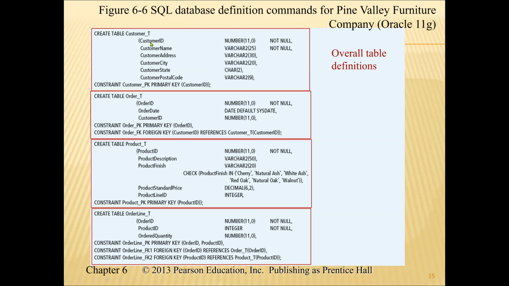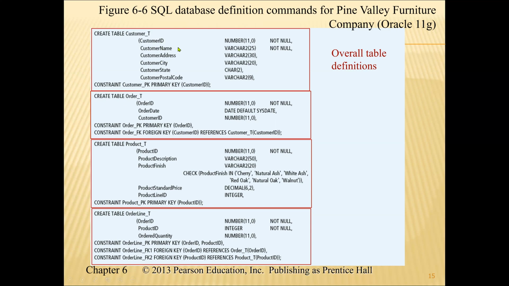Now, because later on we are going to make customer ID a primary key field, we put not null here, because anytime we have a primary key field, you have to enter something. Not null means if I enter the record, I need to enter something for customer ID, because that uniquely identifies each record.